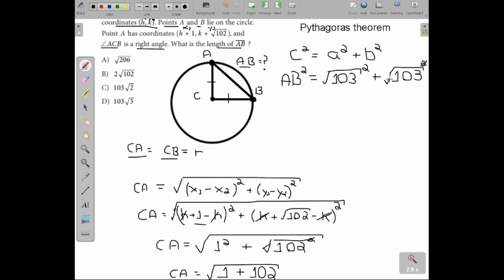We can cancel out the square root with the square, and we'll have that AB to the square is equal to 103 plus 103 is 206.